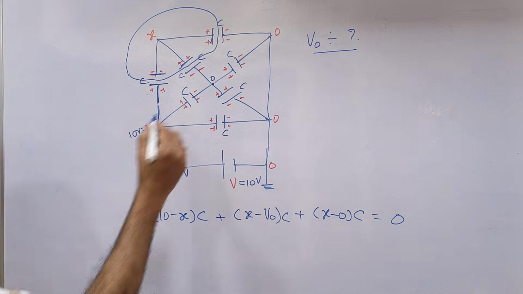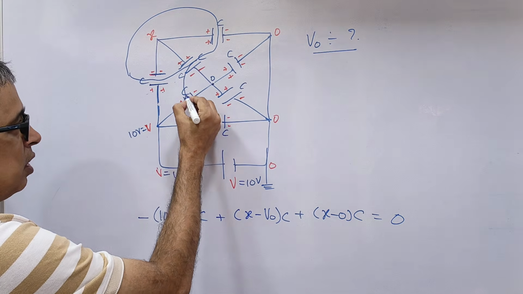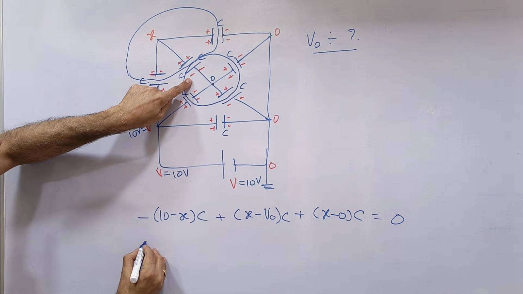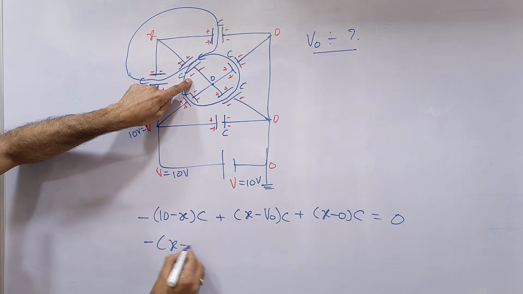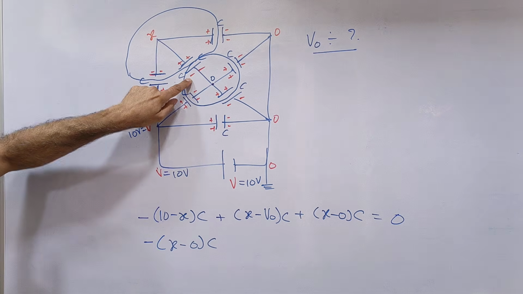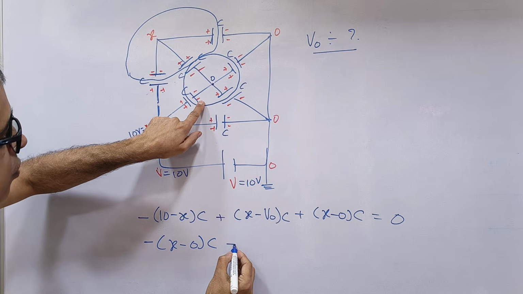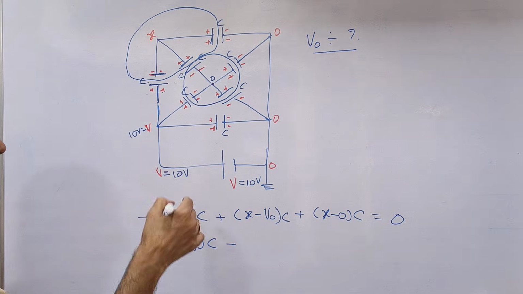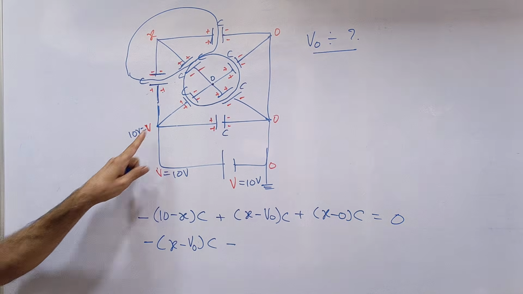Now consider these four plates. The negative charge here is minus of X minus 0 into C. The negative charge here is minus of 10 minus V naught into C; once again I am taking this to be 0, and this is V naught, which we have to calculate.